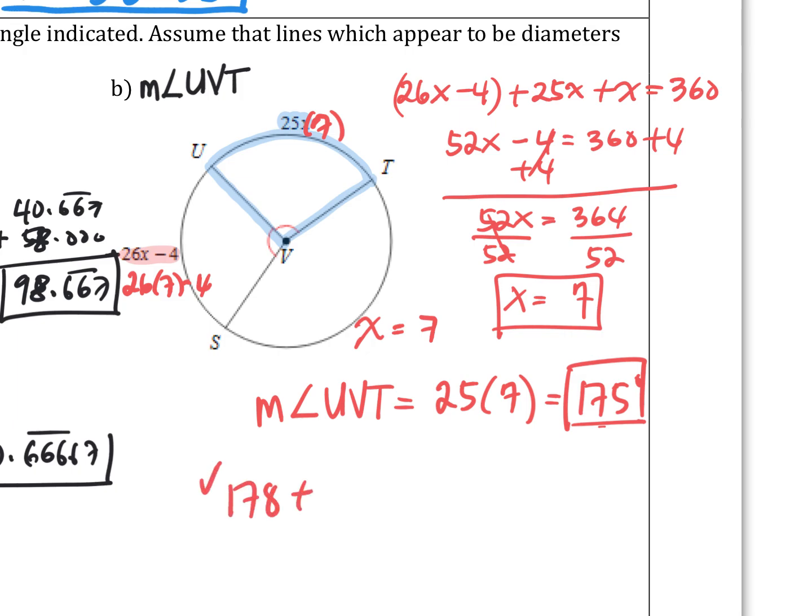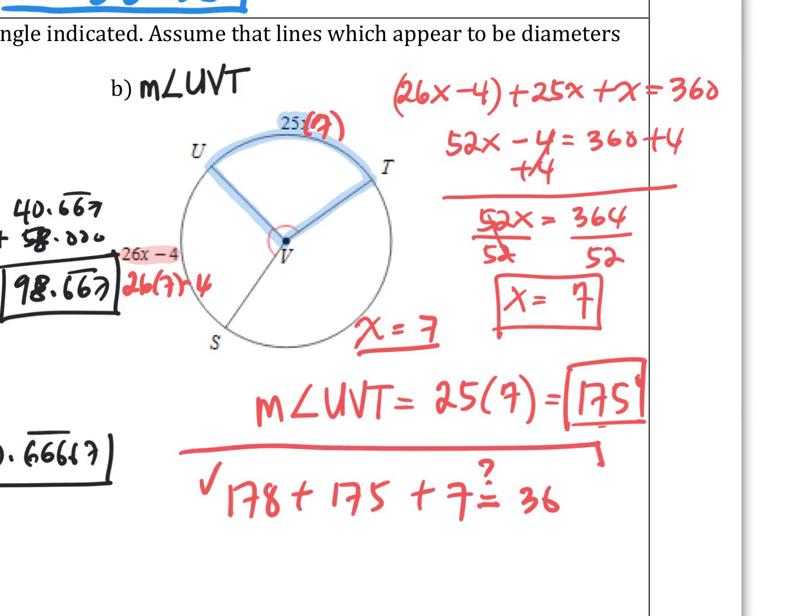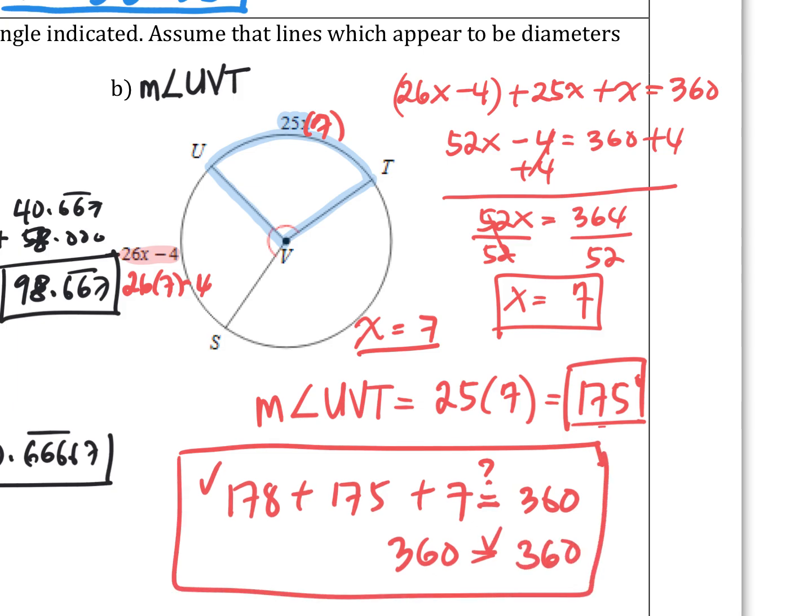Then 25 times 7 is going to give you 175, plus this one 7. Okay, is it equal to 360? This is the rechecking part. So 178 plus 175 plus 7 is going to give you 360. Okay, so this is correct. Our answer is correct in here.